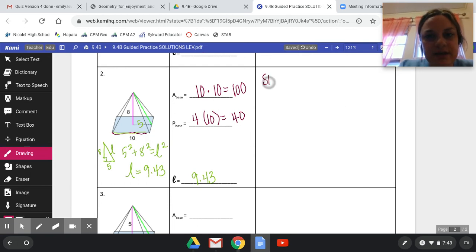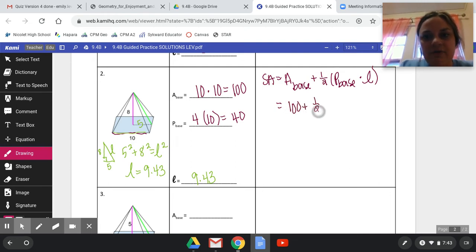Surface area is equal to area of my base plus 1/2 times the perimeter of the base times the slant height. So I've got 100 plus 1/2 times 40 times 9.43.